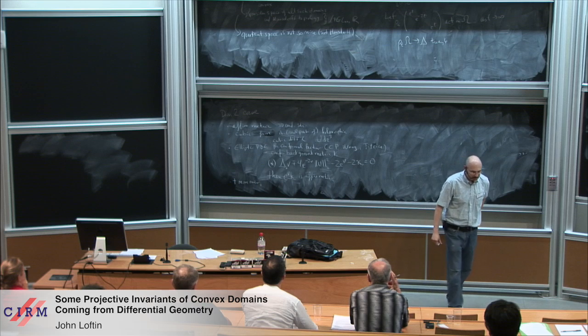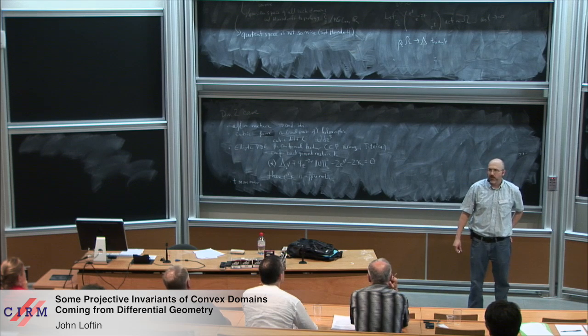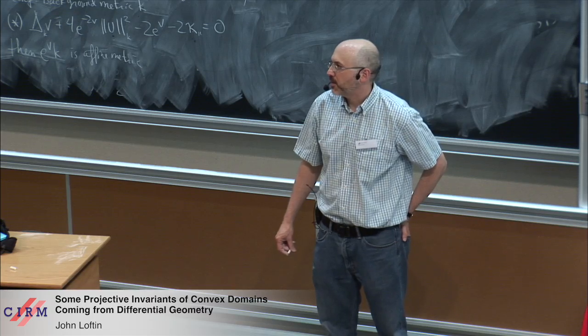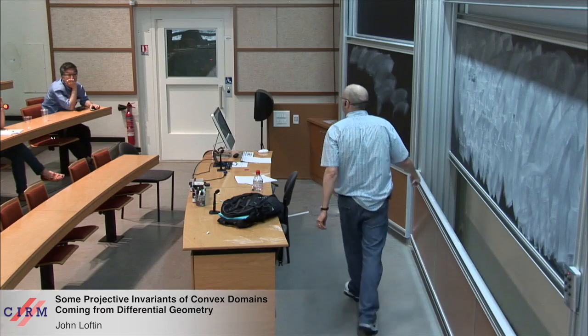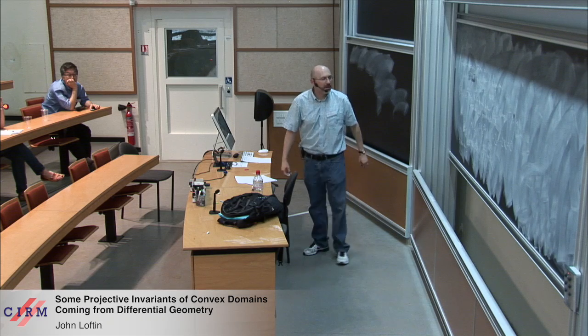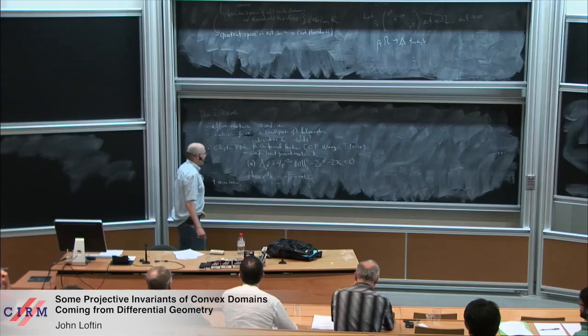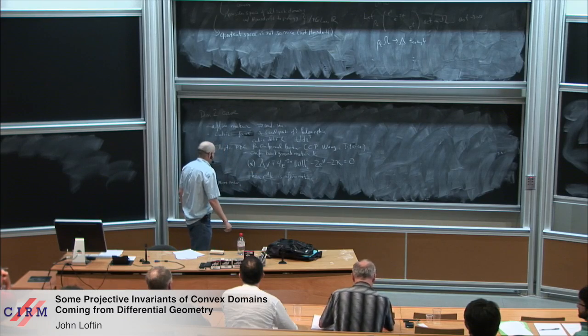Then this is the same equation that Mike Wolf studied in looking at harmonic maps between hyperbolic surfaces, and his way of approaching the Thurston boundary. But in any case, this is a very nice equation.